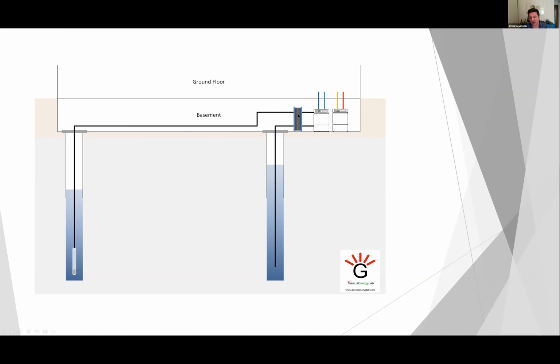Then you've got a closed loop inside the building, which can act to recover heat between simultaneous heating and cooling loads. And more importantly, it keeps that untreated water away from the heat pumps. Now, it is absolutely possible to take that groundwater and put it directly through the heat pumps if the heat pump is designed to take groundwater, and there are special heat exchanger designs to allow that.